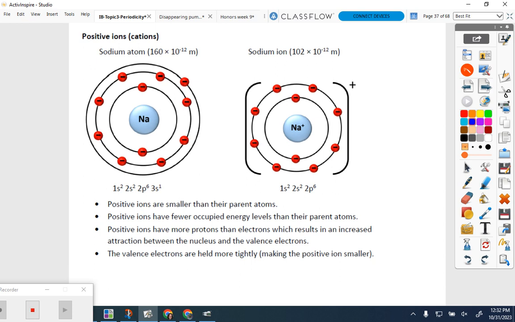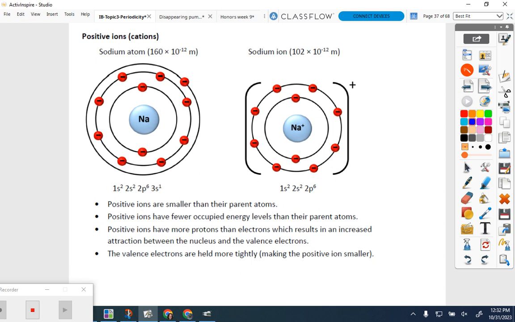So you can see that the sodium atom's radius is 160 picometers. The sodium ion is only 102, because again, we've lost an entire electron shell by losing that 1 electron.